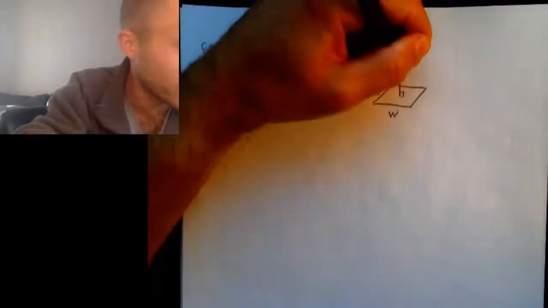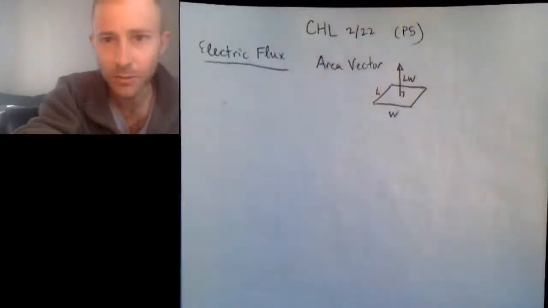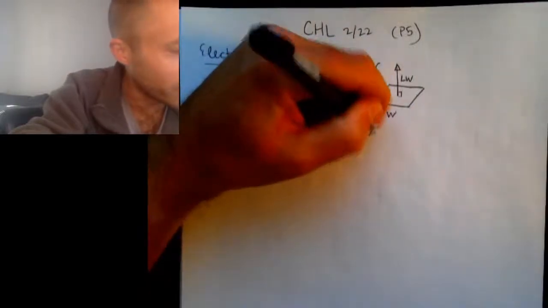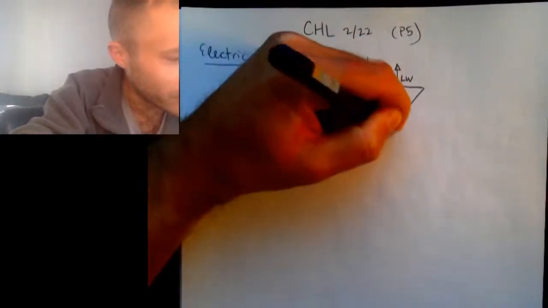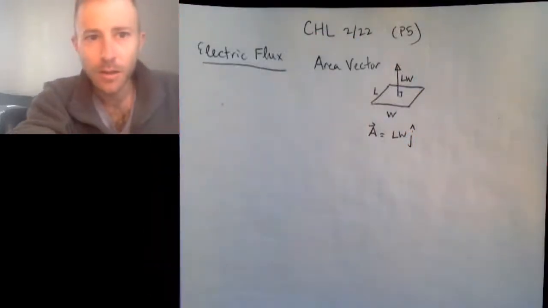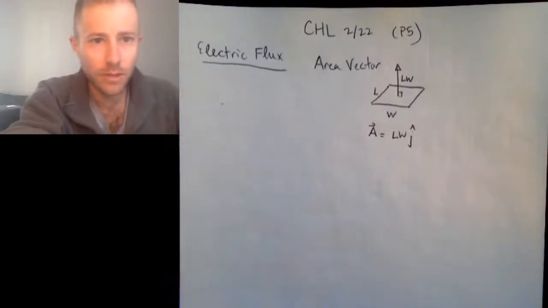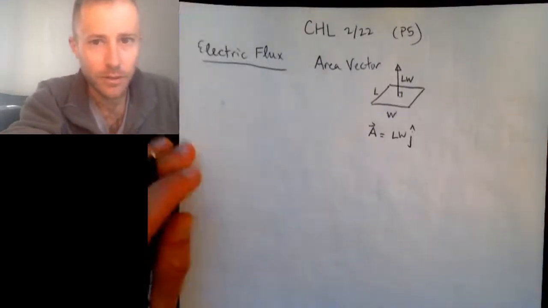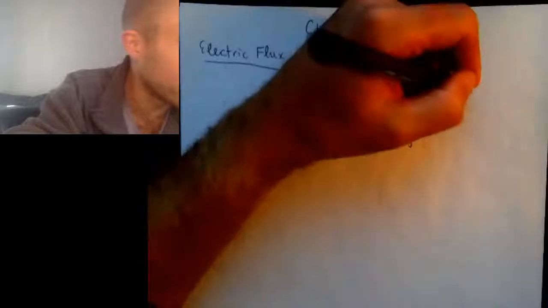So this vector would have a length L times W. So the area vector would be LW, and since it points in the y direction, I would say LW times j hat.